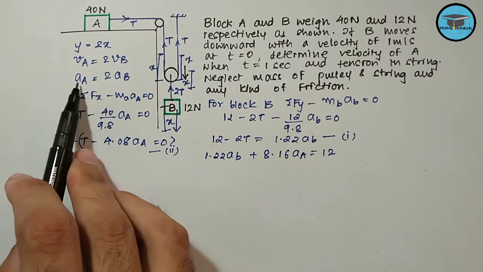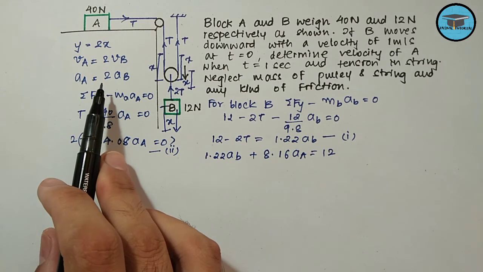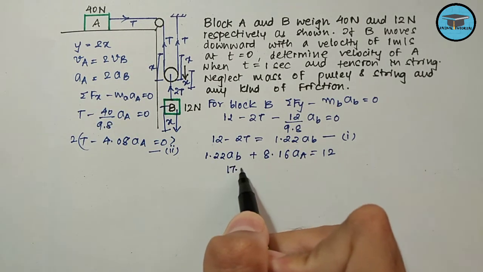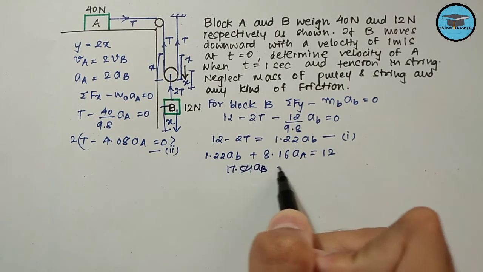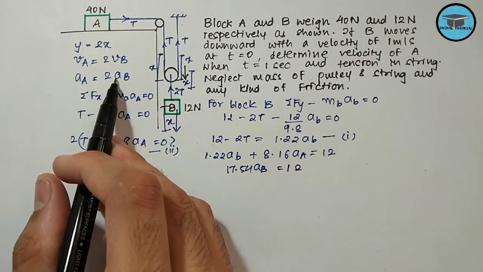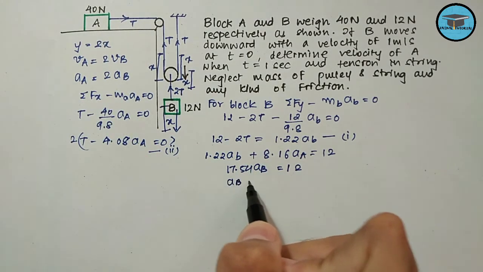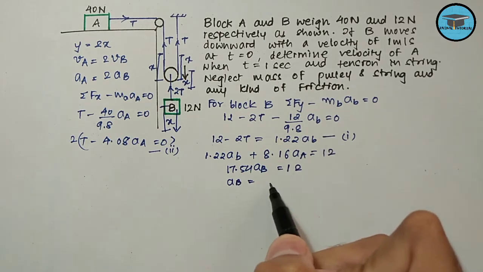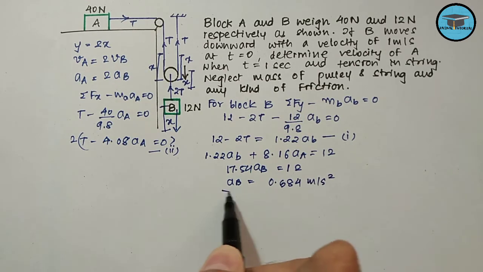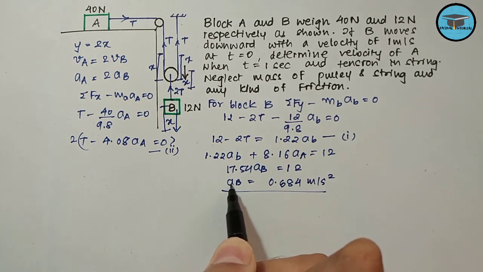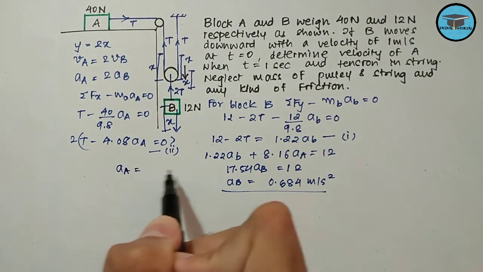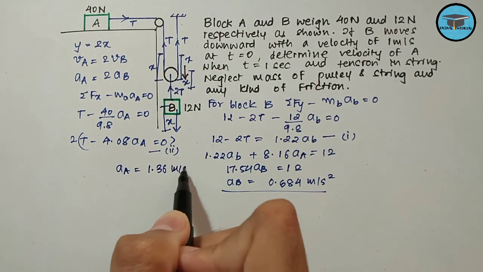Now we use the result that acceleration of A is twice the acceleration of B. So on solving further, we get 17.54 into acceleration of B equals 12. Solving further, we get acceleration of B as 0.684 meter per second square. And placing this value in the relation, we get the acceleration of A as 1.36 meter per second square.